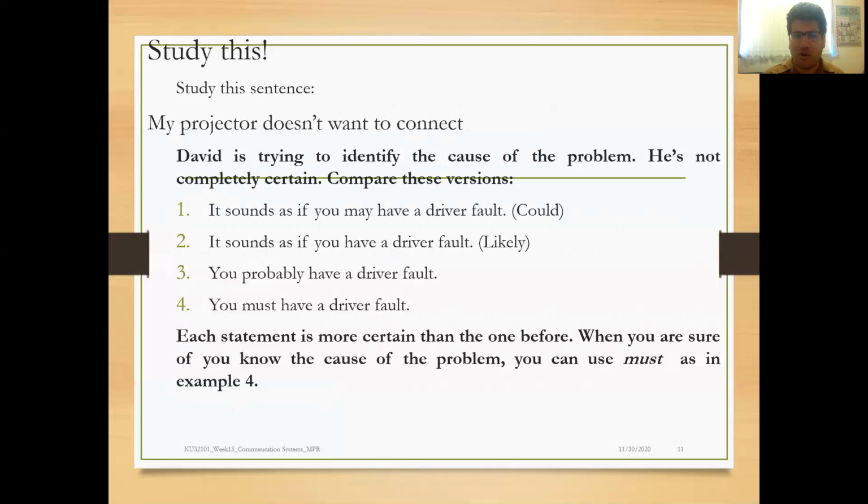So here we have a problem. My projector doesn't want to connect. And here are some possible identifications of the problem. And we can call these identifications diagnoses as well.